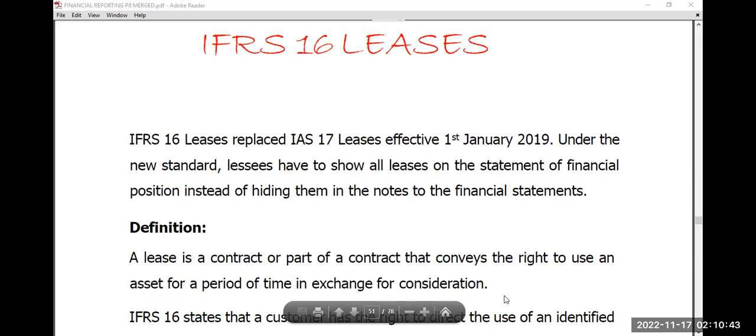Meaning that the other person may not actually take ownership of the asset. He may be using the asset for a short period of time, or for a long period of time, but at the end of the day, that person is paying a certain amount of money, or what we call a contribution. That's the amount you are paying to acquire the right of using someone's asset.